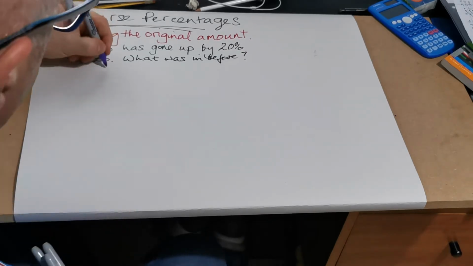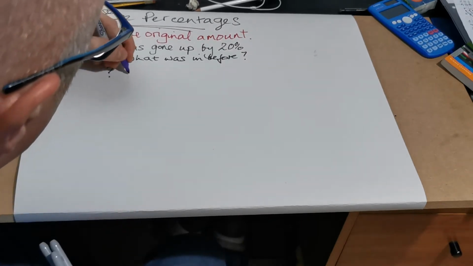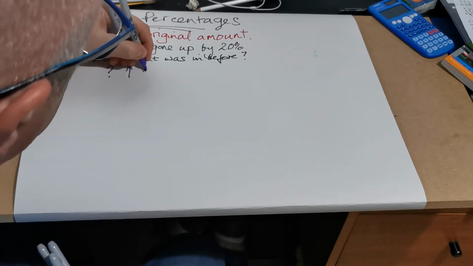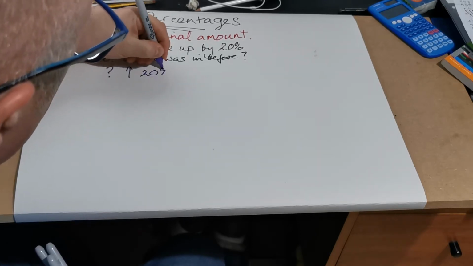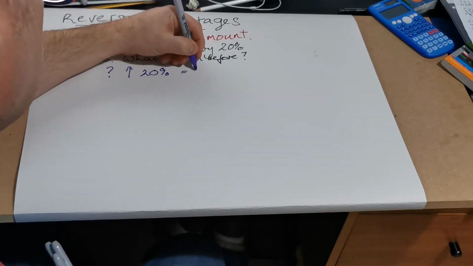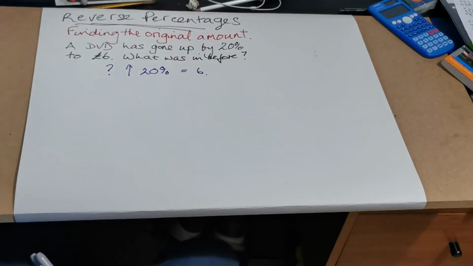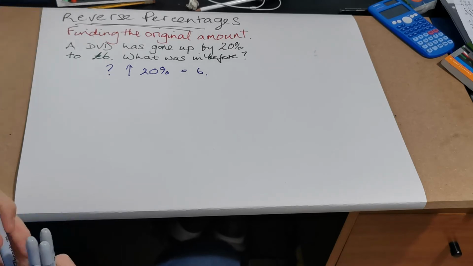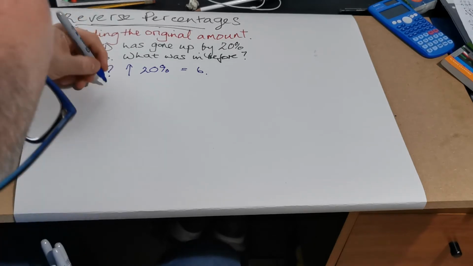So something has gone up by 20% to give 6. So thinking back to what we've done in earlier videos, how do I add on 20%?